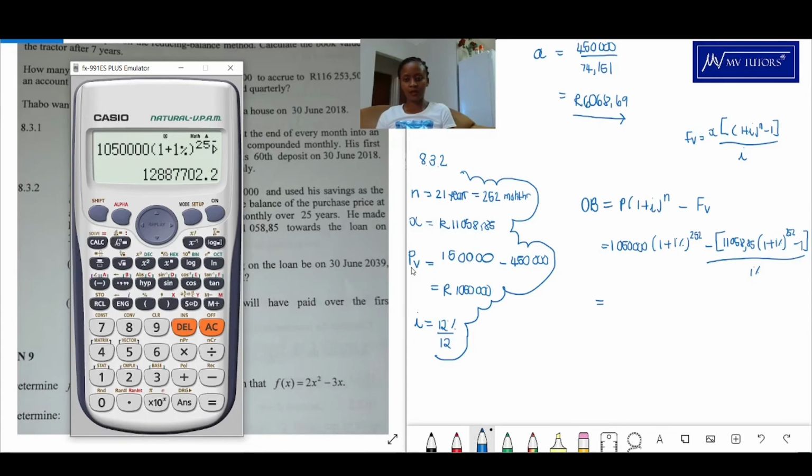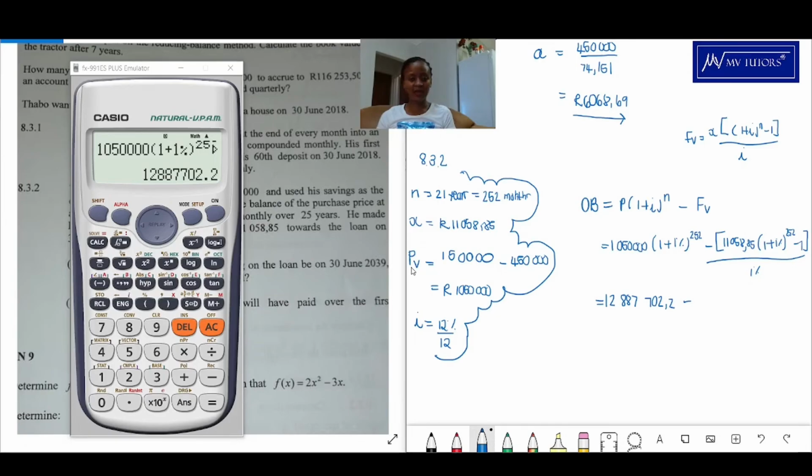So here we have 12 million 887. Do you see how much the bank, when you buy a R1,000,000 house, they're already making more than $1 million, 12 million.